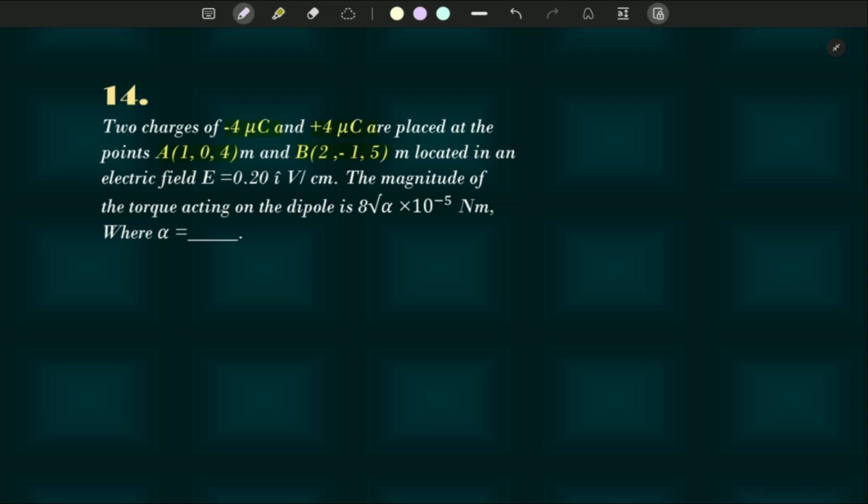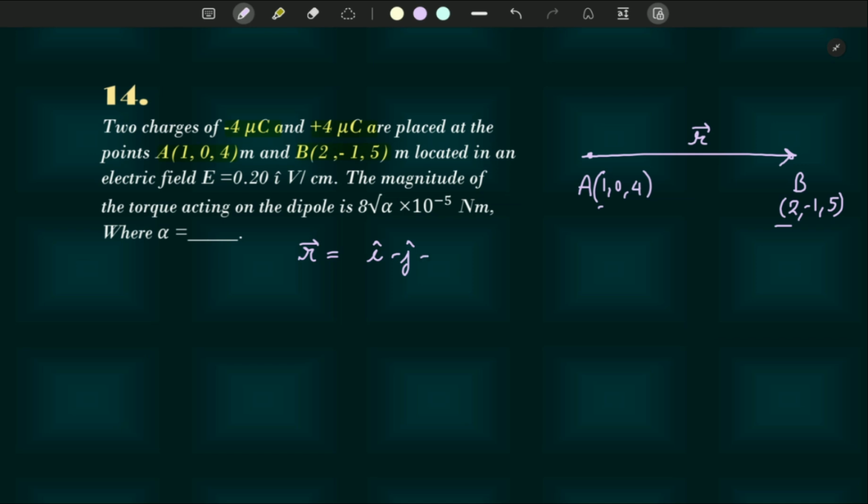So to find the magnitude of torque, let us take A as (1, 0, 4) and B as (2, -1, 5). So if this is A and this is B, this direction is the R vector. So the R vector equals 2 minus 1, so i cap, minus 1 minus 0, so minus j cap, 5 minus 4 is plus k cap.